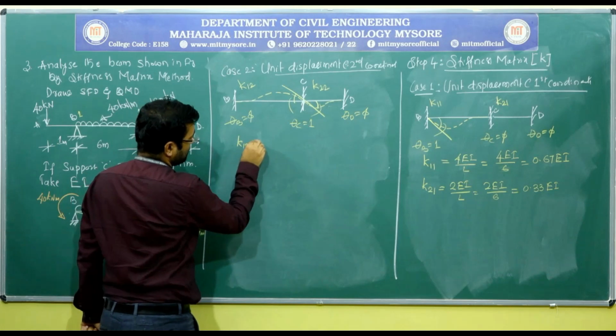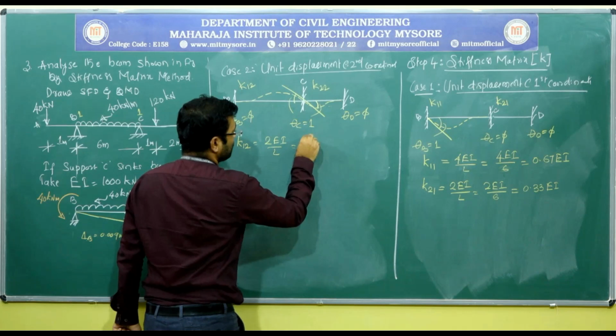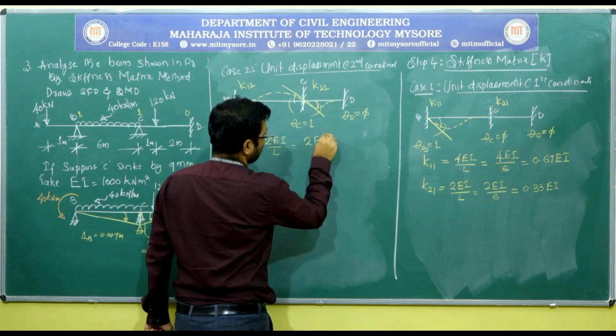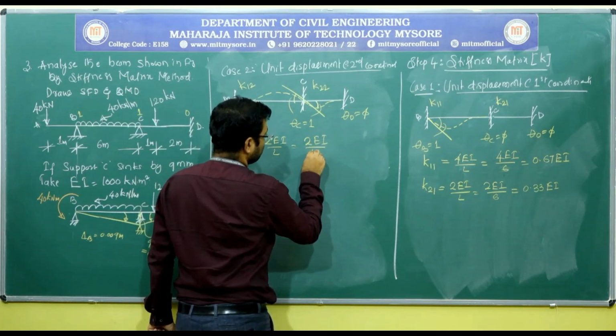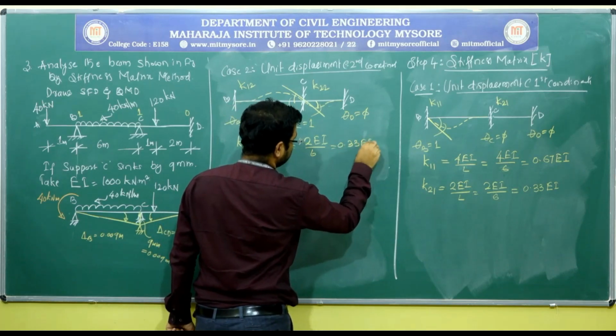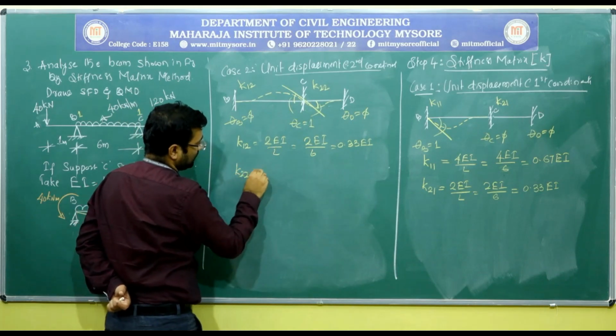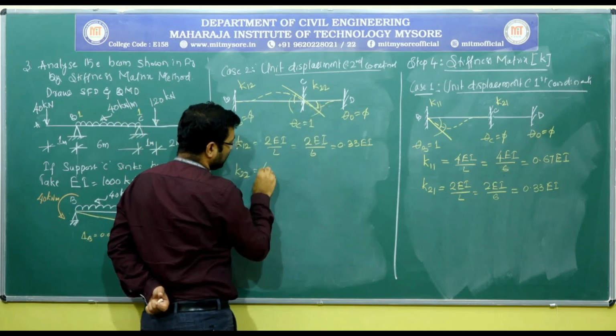So K12 is equal to 2 EI by L. So 2 EI, L is 6 meter, so it is 0.33 EI, whereas at C, that is K22, it is 4 EI by L for each span.